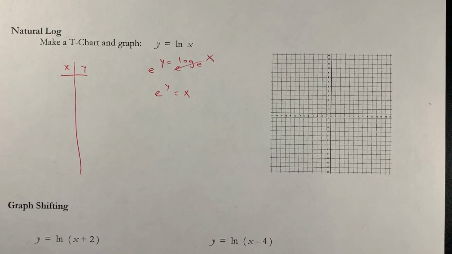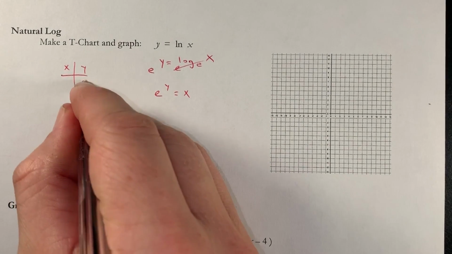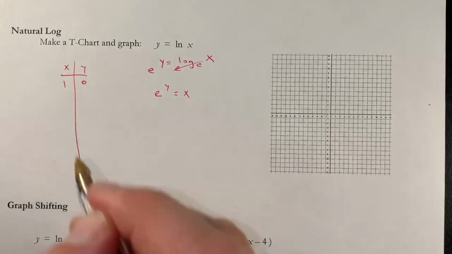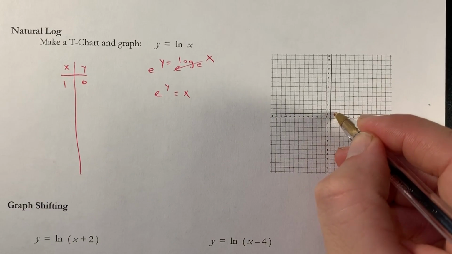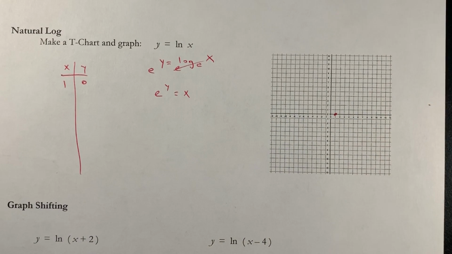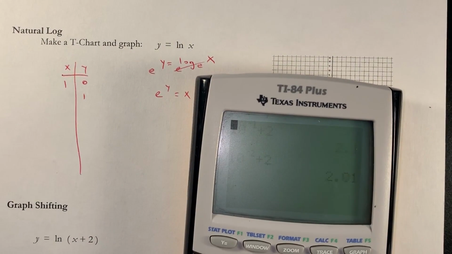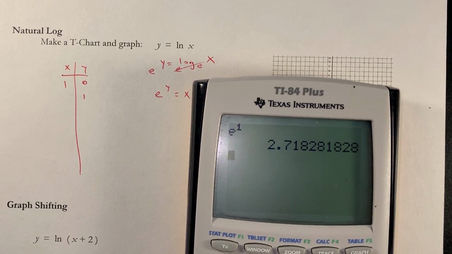And I'll start my t-chart with a y value of 0. E to the 0, anything to the 0 is 1. So I have the point 1, 0. E to the first power. Okay, remember e is a number, not a variable. So e to the first power is 2.72.